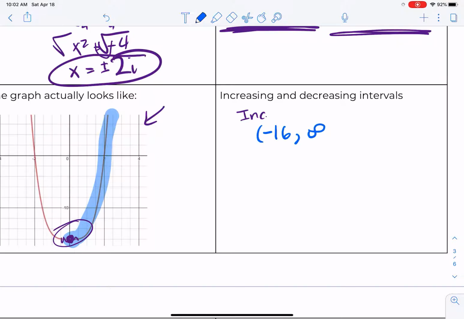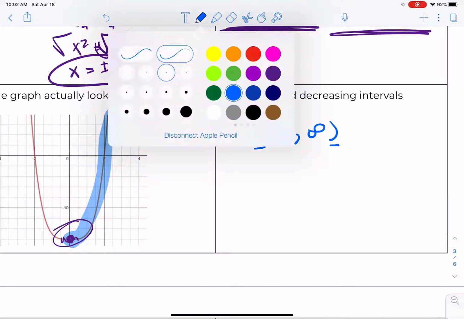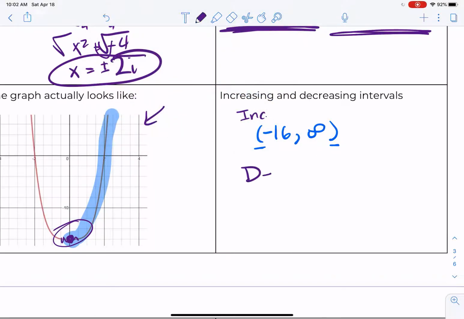Now at negative 16, it's not actually increasing or decreasing. It's just sitting still. There is no change. That has a slope of 0 right there. So it's not including the negative 16. And of course, infinity is not an actual location, so it doesn't include infinity either. It just approaches infinity. Okay, where's this thing decreasing then?